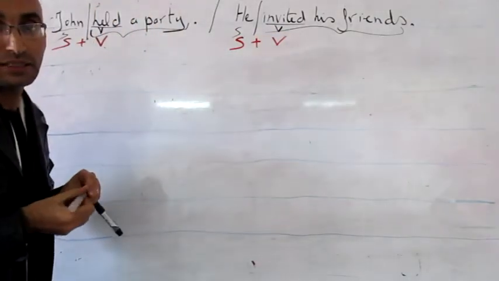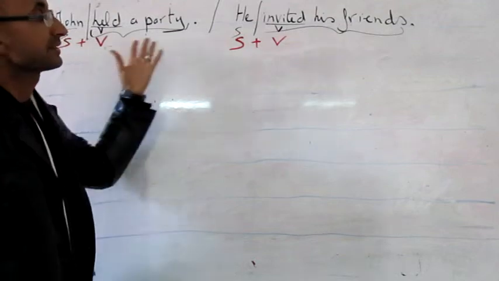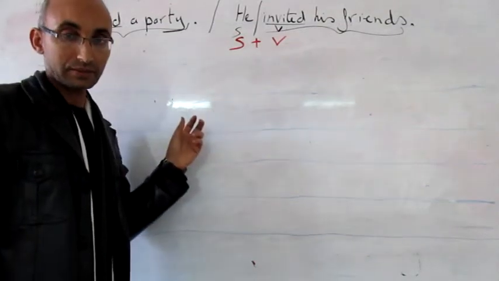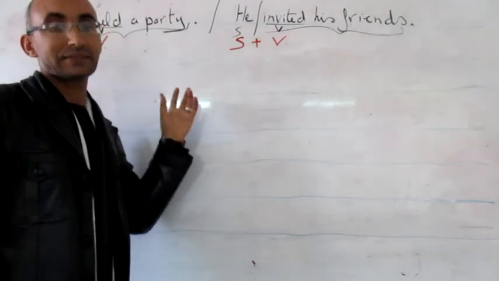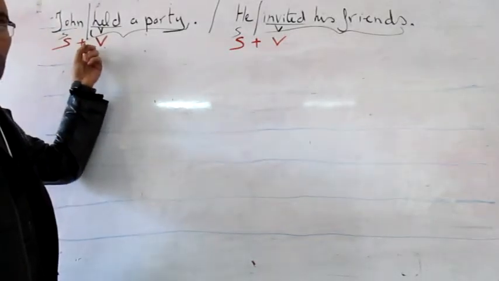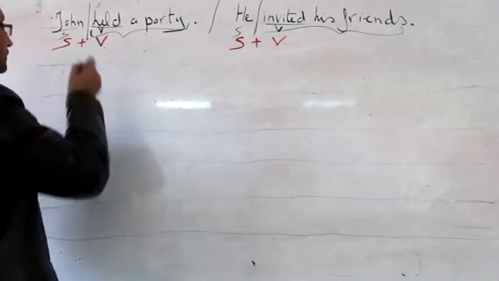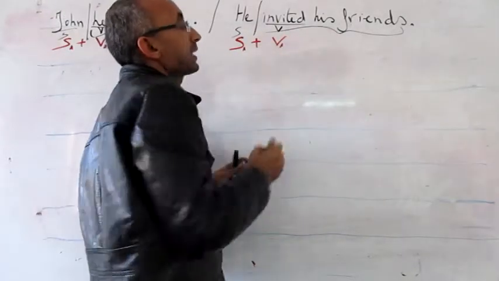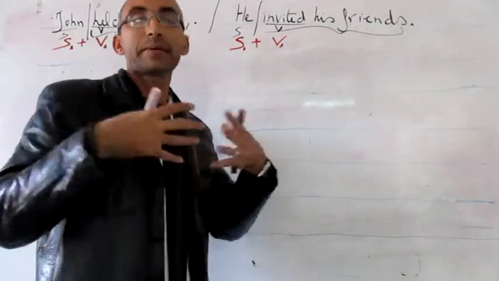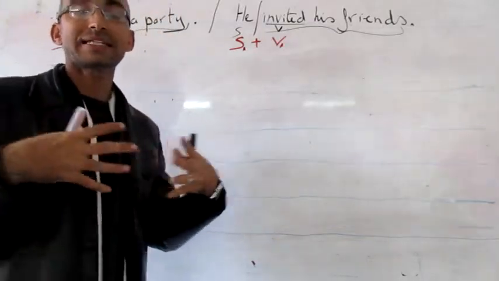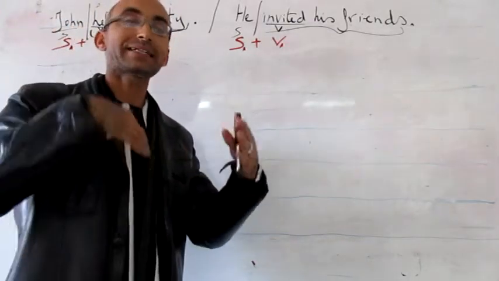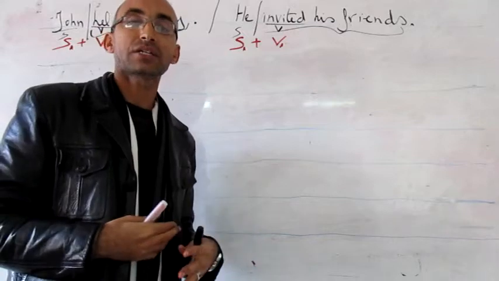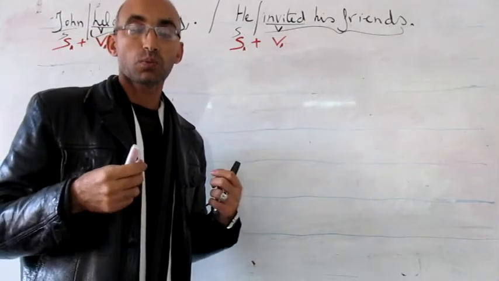So both of them are simple sentences. S plus V is simple, and S plus V also here is simple. Now if I want to join them together in one sentence to form my second type of English sentences, what should I use here?